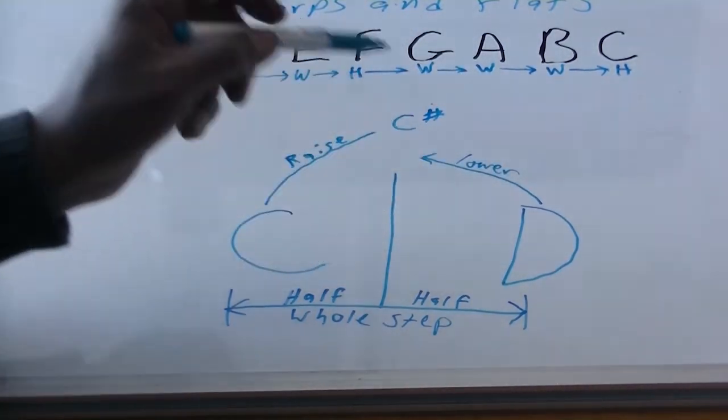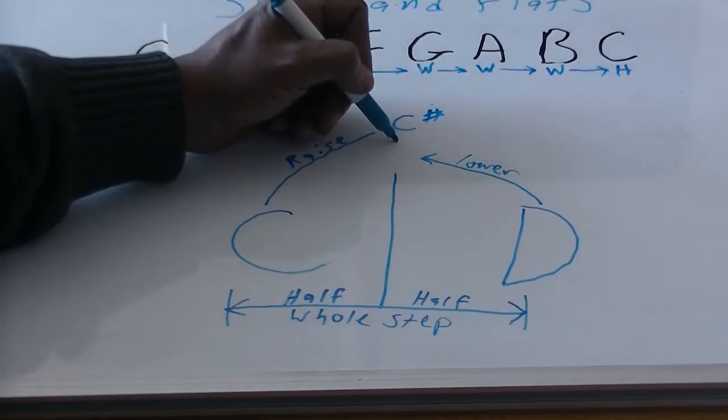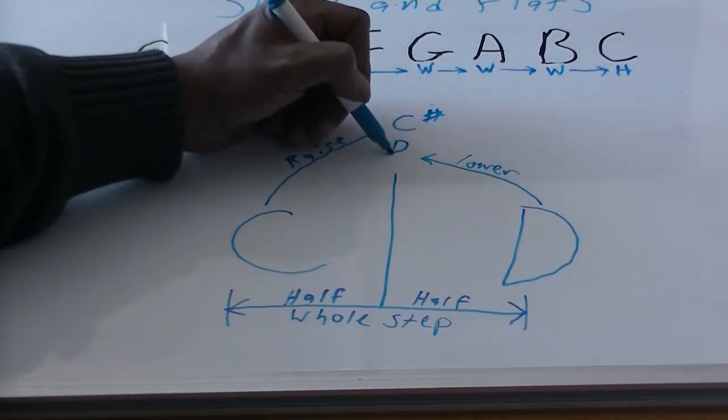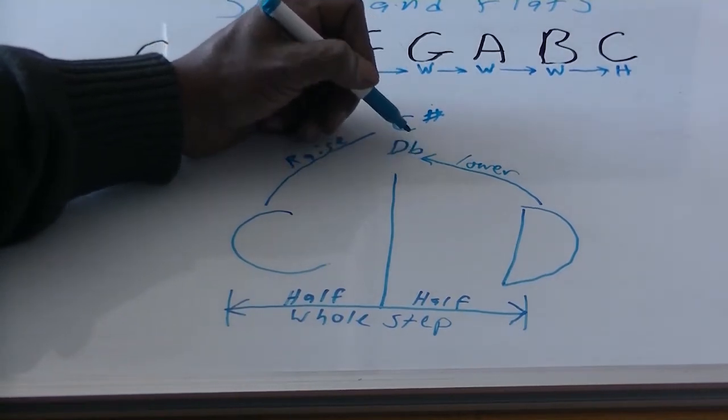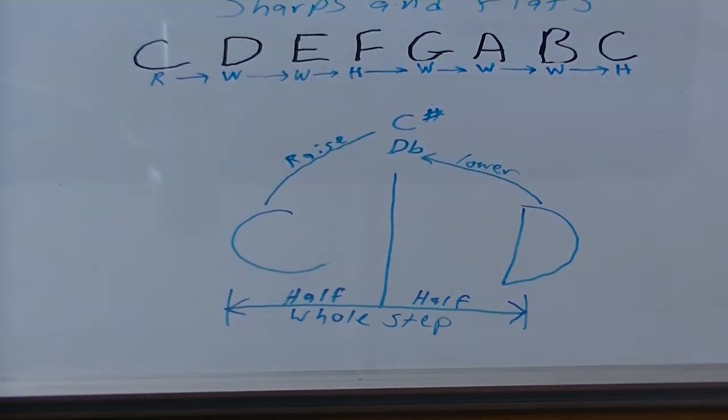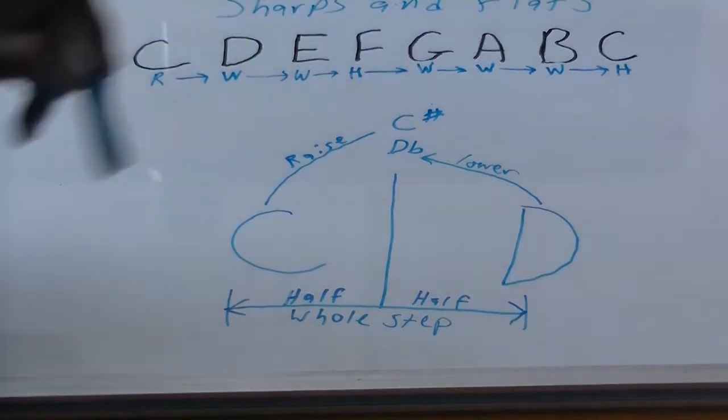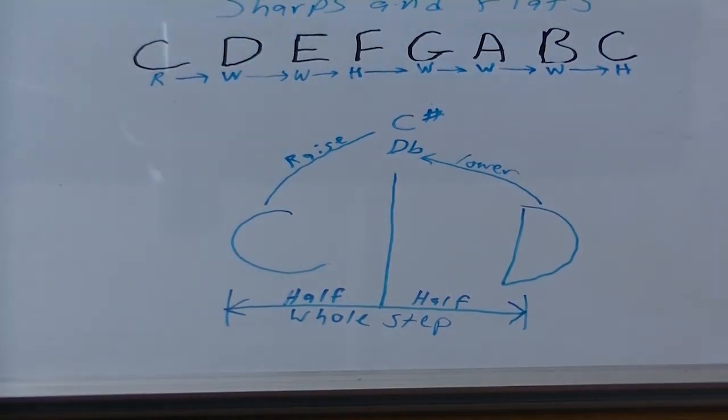So the D note at the third fret becomes D flat at the second fret. I hope you understand that. We have a C, we raise it up by a half step, it becomes C sharp. If we have a D, we lower it by a half step, it becomes D flat.